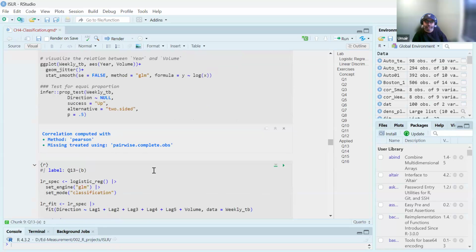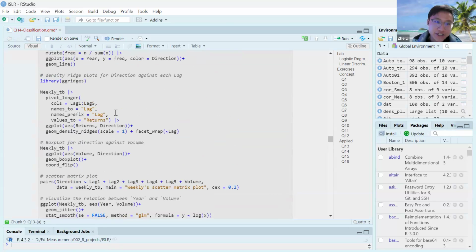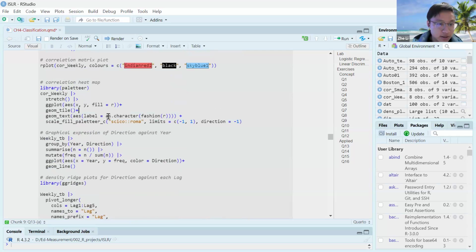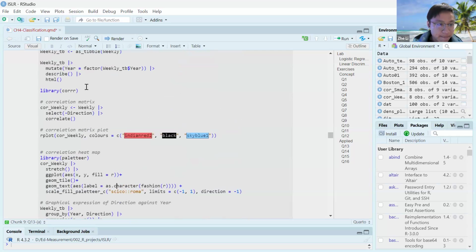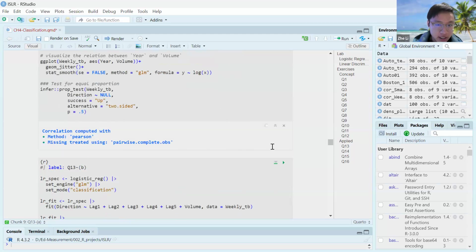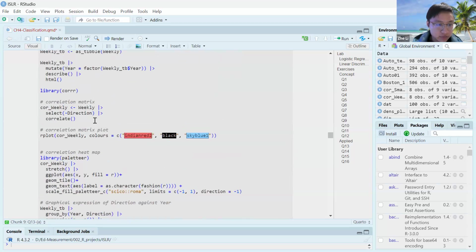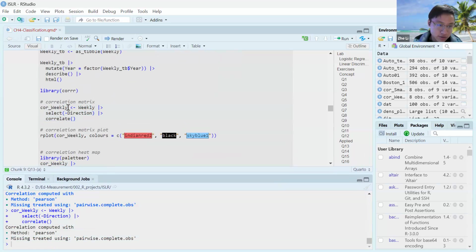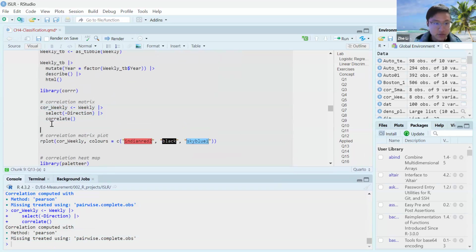Yeah, high correlation. It's correlated with year, right? It's safe to say it's correlated. Sorry about that. Just to show these metrics.